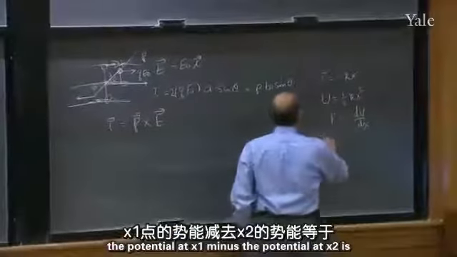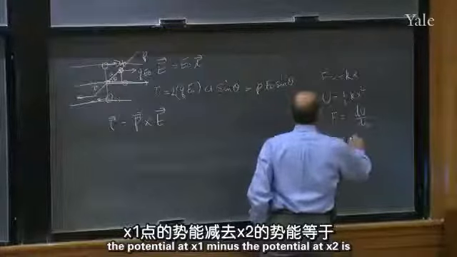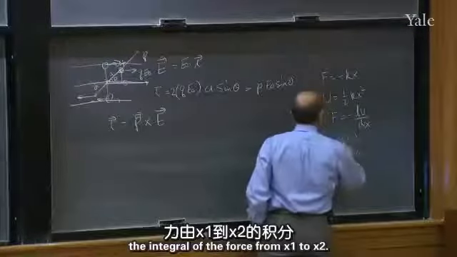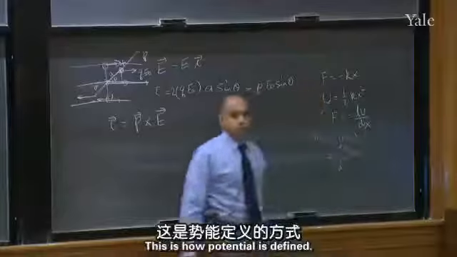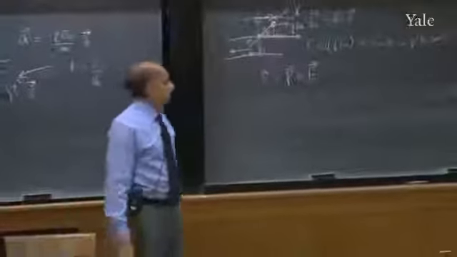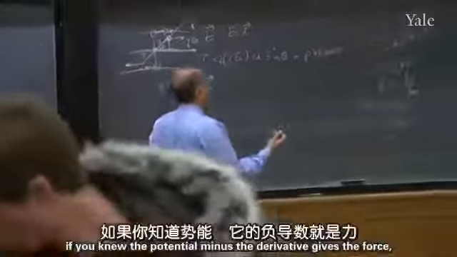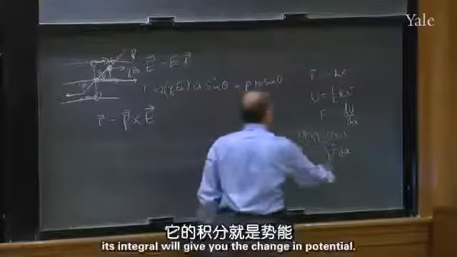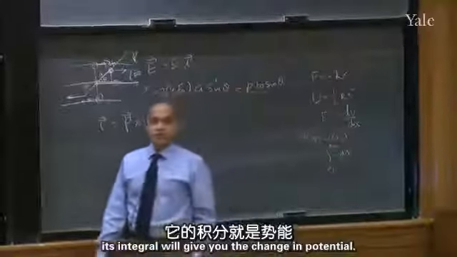The potential at x1 minus the potential at x2 is the integral of the force from x1 to x2. This is how potential is defined. This is the reason why, if you knew the potential, minus the derivative gives the force, and if you knew the force, its integral will give you the change in potential.